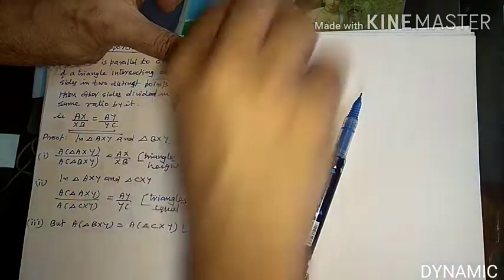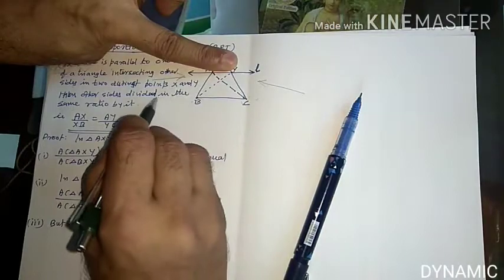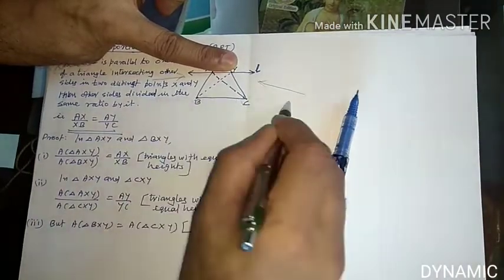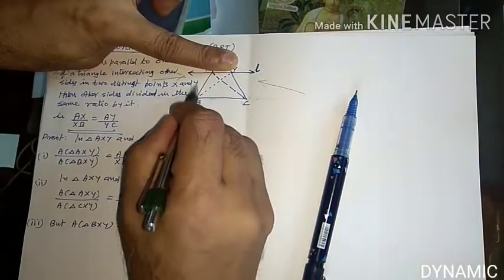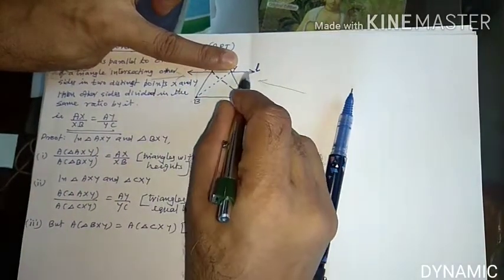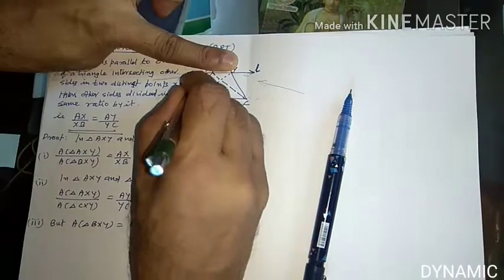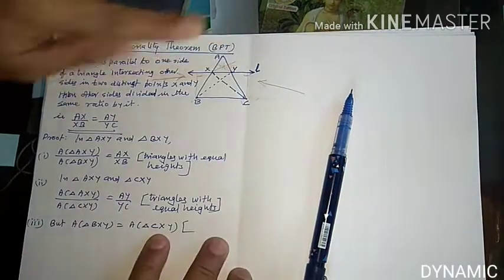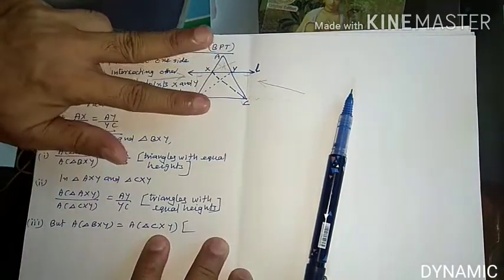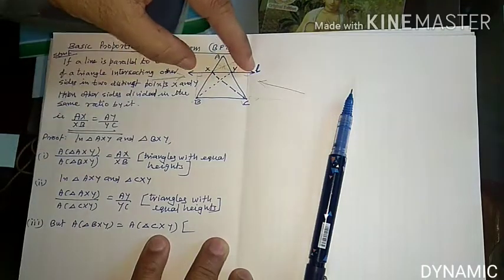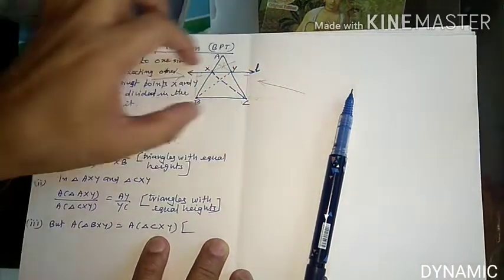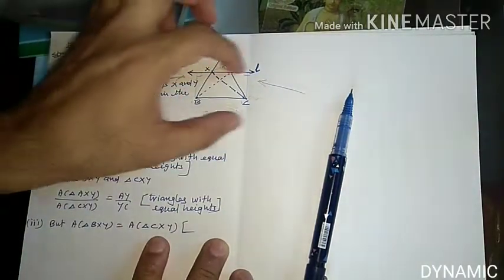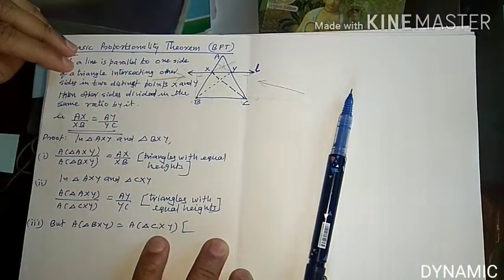The height is between two parallel lines: BC is the line parallel to XY. So the height is like this, the perpendicular we can consider. The perpendicular distance between two parallel lines is a fixed quantity.